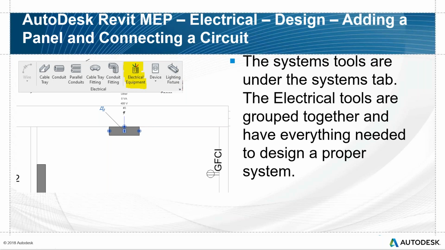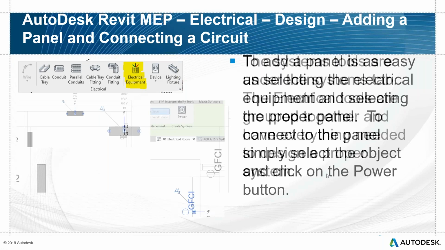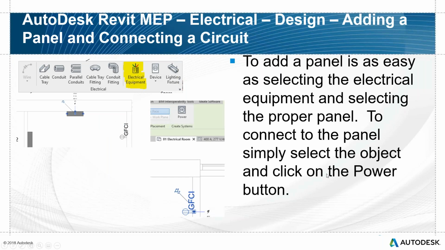When you go in and start looking at the equipment, you just start looking through your information. So I selected this panel, and you see that I'm going to create the power system. I can take this panel, hook it into a transformer, and have all the downline feed from the transformer.